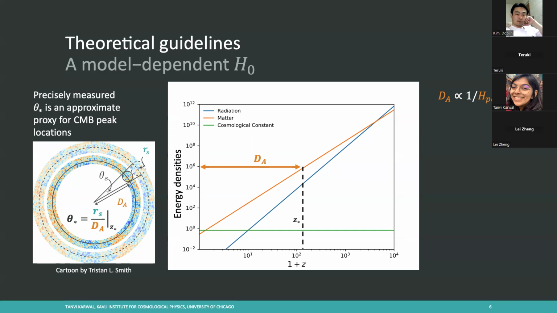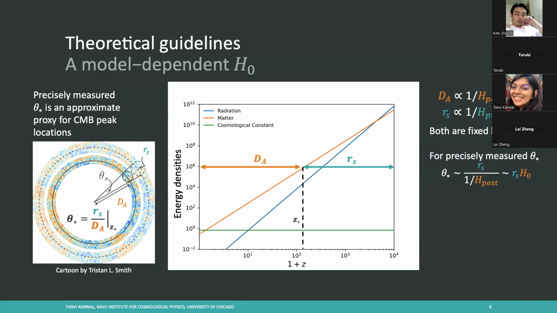The numerator, on the other hand, how fast and how far sound waves traveled, depends on the pre-recombination universe, or an integral over this portion. So this is a really interesting parameter. It captures both the early and the late universe, and it's incredibly precisely measured. Because it's a measurement, you have to hold it fixed. Fixing that, if we know that we want to increase the Hubble parameter, it immediately tells us that we need to decrease the sound horizon.